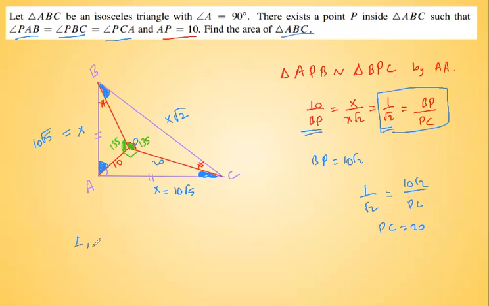The area of the triangle ABC should be 10 root 5 times 10 root 5 over 2. I can cancel these, that's just 5. So you get 5 times 5 times 10, which is 250. That is my final answer.